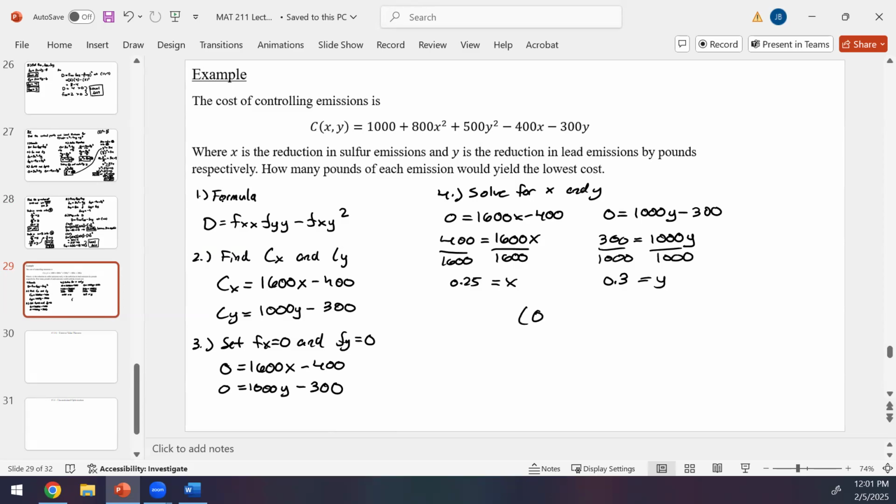So that means a quarter pound of sulfur and 3/10 or 0.3 pounds of lead will result in the lowest cost, okay? That is our minimum cost.